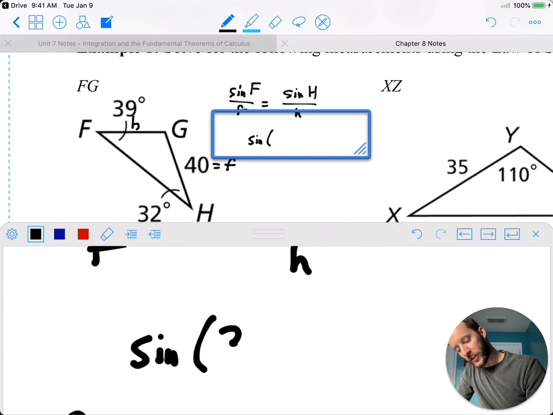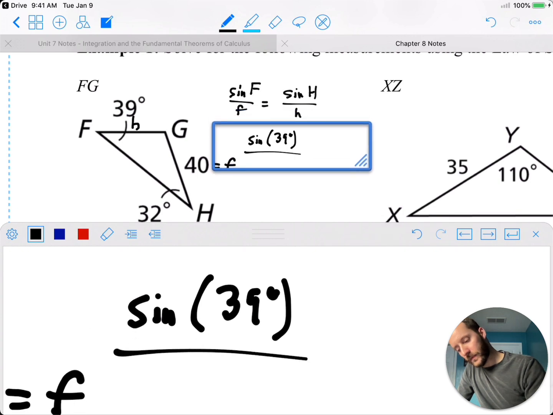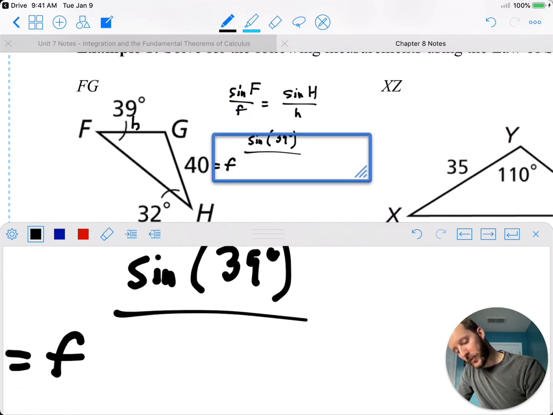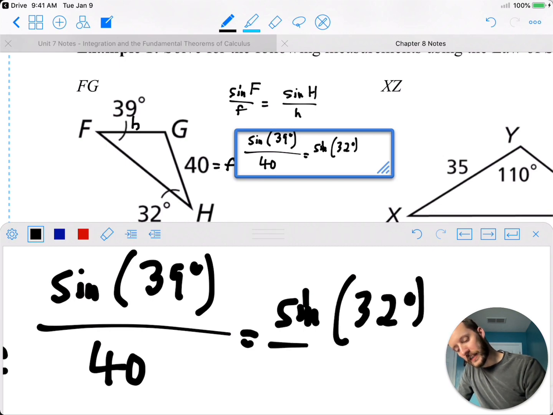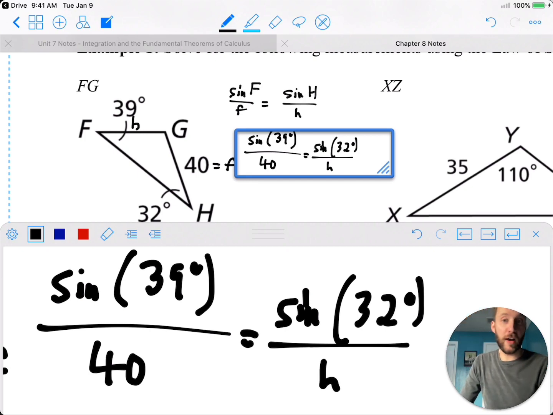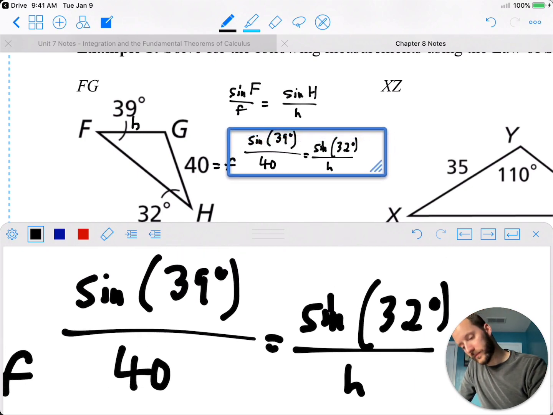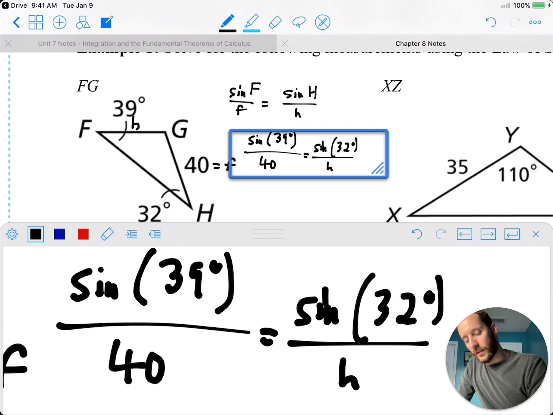Angle F is 39 degrees. See, little f is 40. And angle H is 32. And little h is what we're trying to find. So to solve this, you could cross multiply.